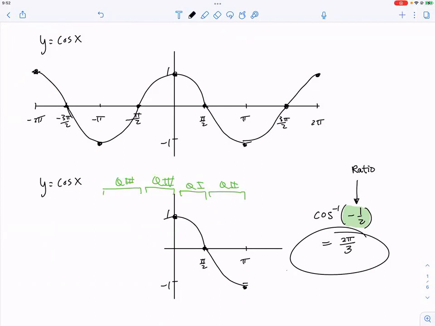It is negative in 2 and 3. But since we are restricting it to only quadrants 1 and 2, that means if it is positive, it must be in quadrant 1. If it's negative, it must be in quadrant 2 for the inverse.